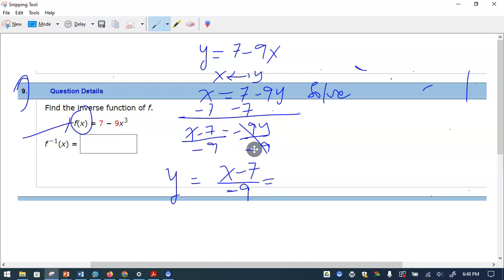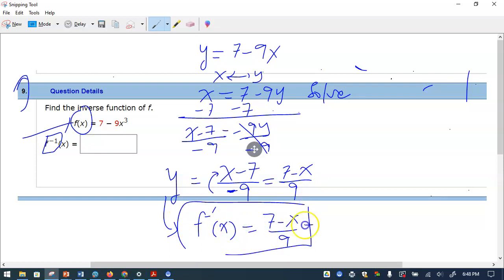Because there's a minus, it's better to swap this x minus 7 to 7 minus x and just write a 9. And now we replace this by a new function, f inverse of x, equals 7 minus x over 9, and we're done.